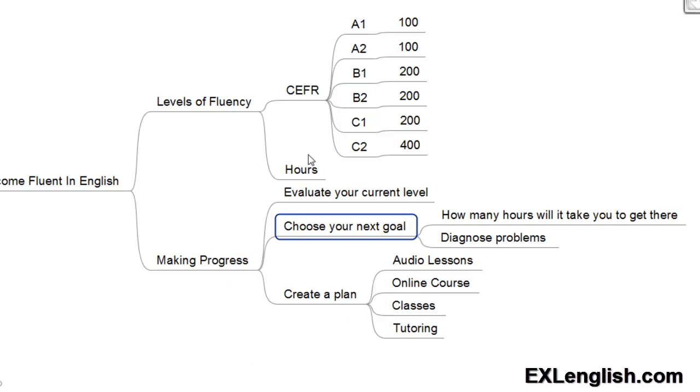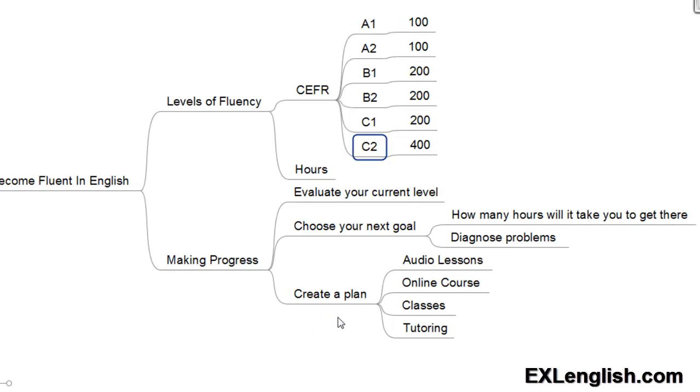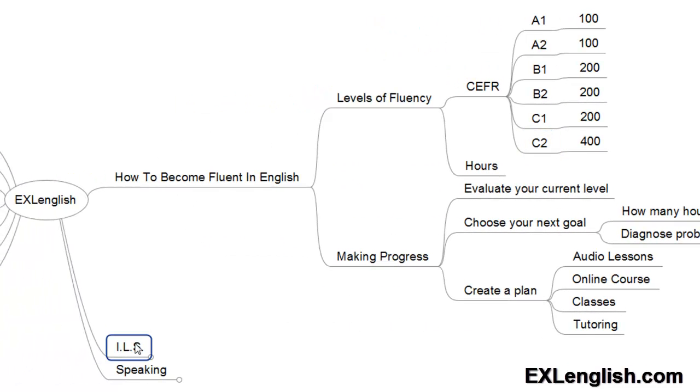So once you know where you're at, you've done a diagnostic test, an evaluation, you know what the next level is that you want to reach, then you can create a plan to achieve it. So you can sign up in a school, you can take private classes with a tutor to work on specific problems, you can study online courses, study material on your own. And I actually recommend an integrated learning system.